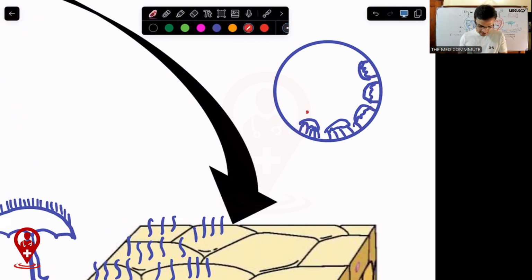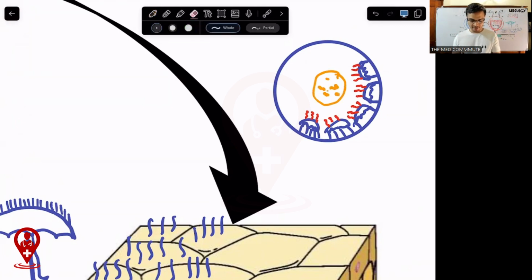And at the very top in this red color, I will draw, these are our glycosaminoglycans. You all can see the glycosaminoglycans are facing the luminal side. Who is flowing in this lumen, guys? Our urine.